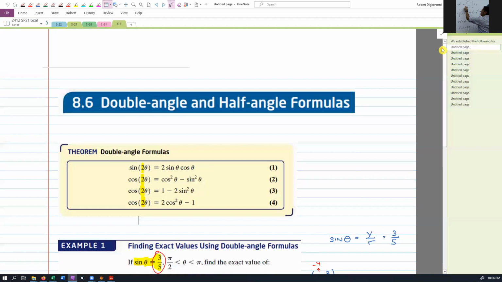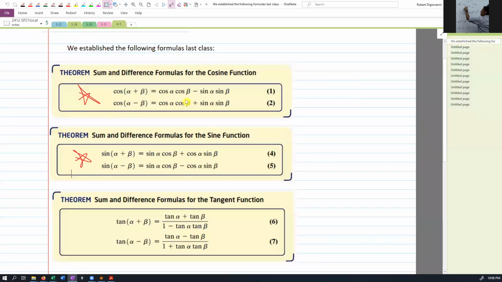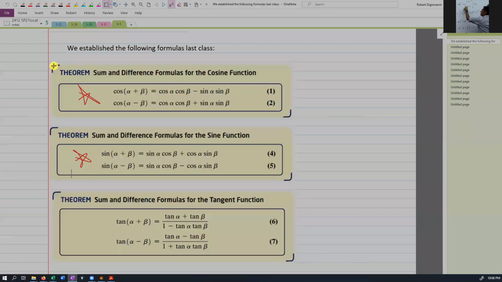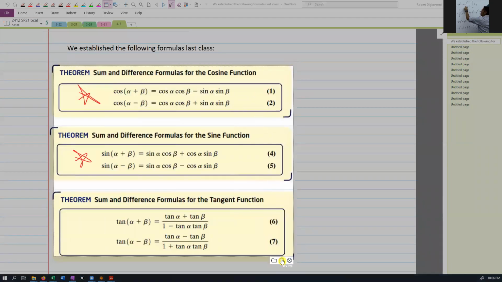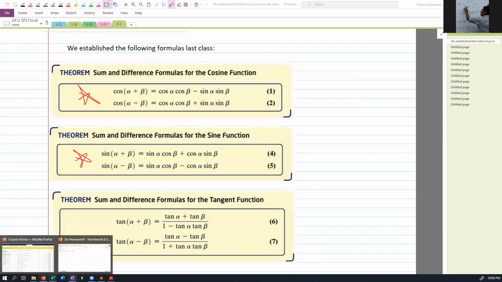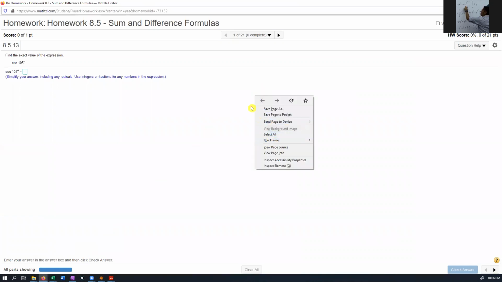Ready to go. Where are they? There we go. So these are our formulas. Let me just grab them and go back to this. Where is it? Here we go. Can't put them in here. Forgot, can't put them in here. All right, well, we can still do this.